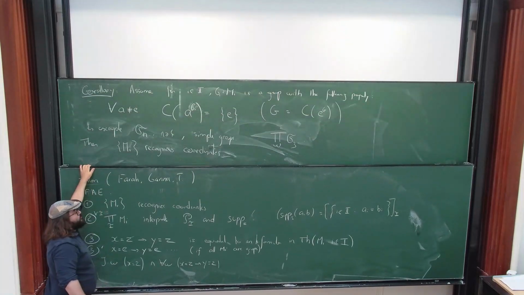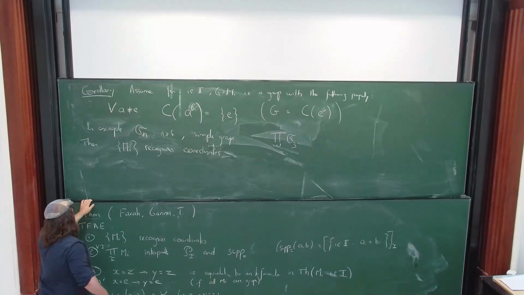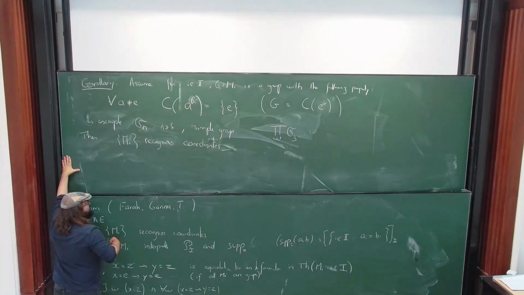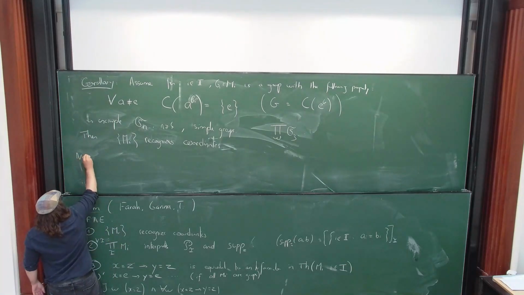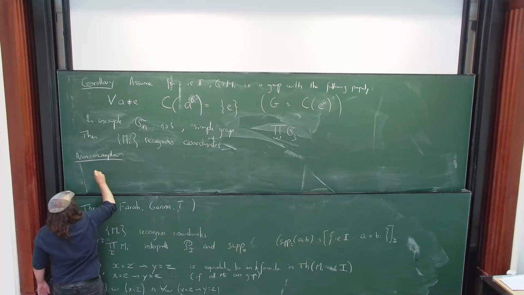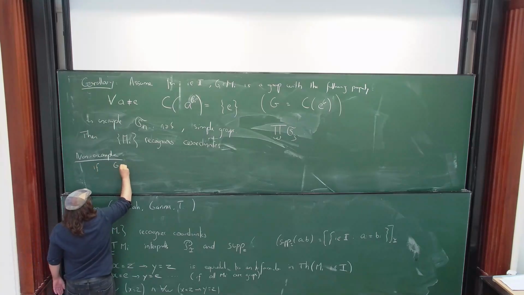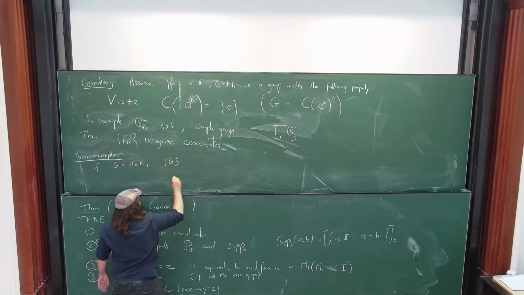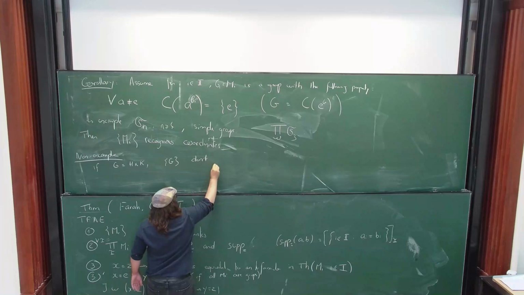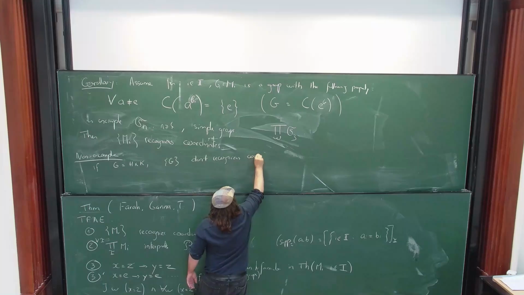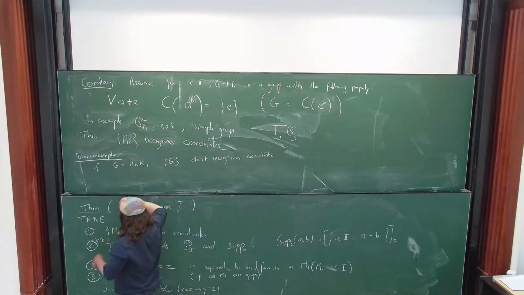Maybe I should start with a non-example first. Non-example. If G is equal to H times K, then G doesn't recognize coordinates, where H and K are non-trivial groups.